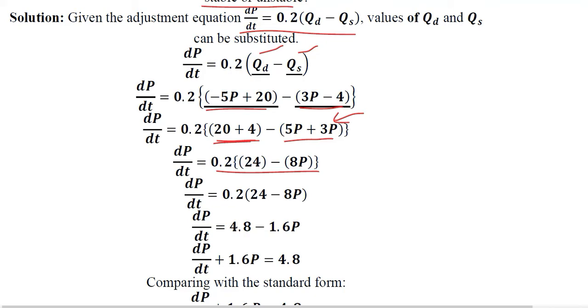Further simplification by simply multiplying this 0.2 inside with this term and with that term, and we get this expression. And now in order to make it comparable with the standard form, we are rearranging it, with dp over dt, and the price variable term is brought on the left hand side. Consequently, on the right hand side we are left with 4.8 only, which is the constant term.